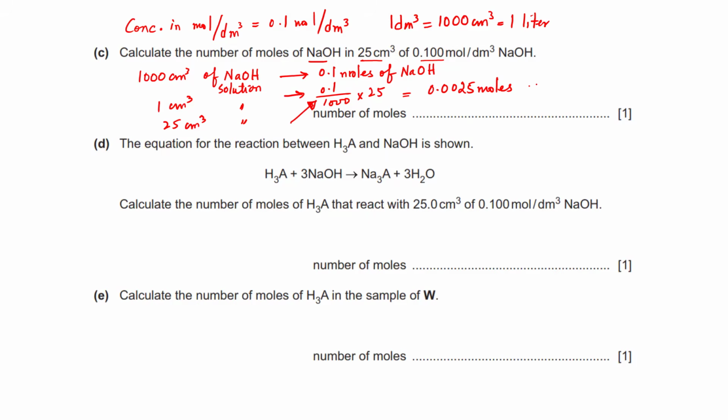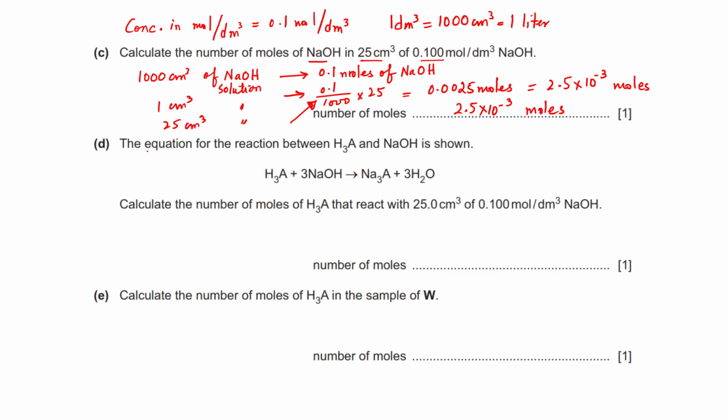Or we can also write it in standard format as 2.5 times 10 to the power minus 3 moles. Sorry, not minus 4, it's minus 3. So my answer, you can write any of these values. I'll prefer 2.5 times 10 to the power minus 3. Okay. These are the ones.